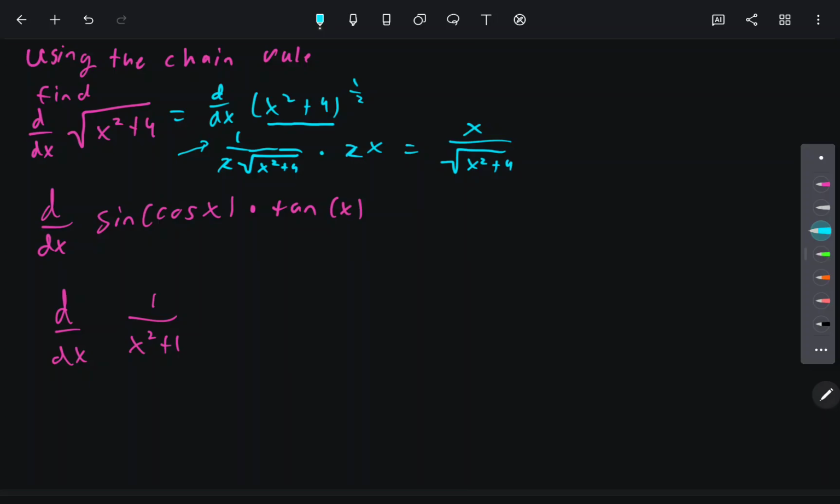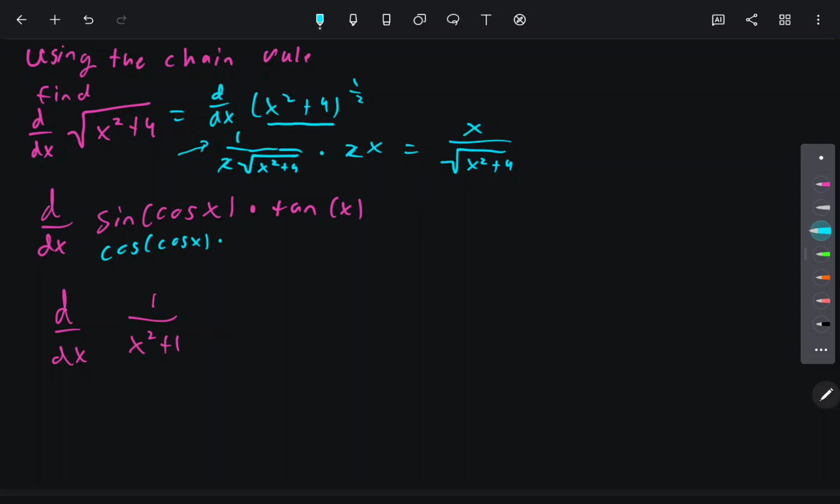Alright, the next one, we have a composite function dealing with trig, so scary, very scary. We want to know the derivative of sine of cosine of x times tangent of x. So this is a product rule and a chain rule. We start out by taking the derivative of the first function, and we have to do a chain rule. The derivative of sine is cosine, and its argument remains the same, cosine of x, times the derivative of the inside.